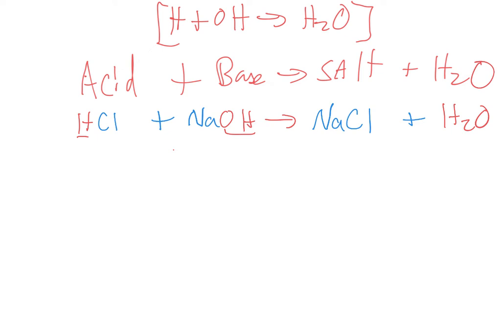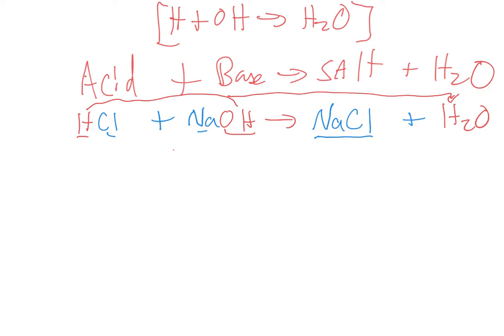And so in a neutralization reaction, these two things are going to combine to form your water. And the leftovers in any double replacement type of equation, your sodium and your chlorine are going to combine over here to form sodium chloride.